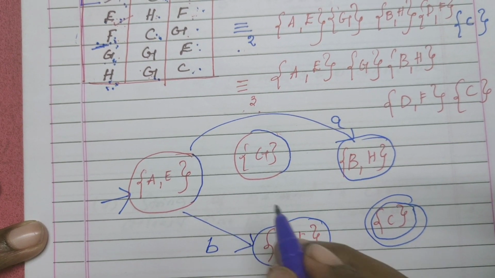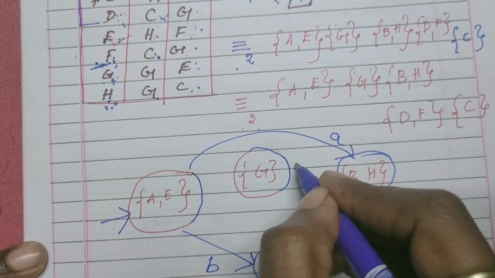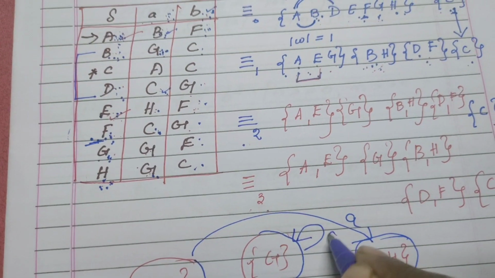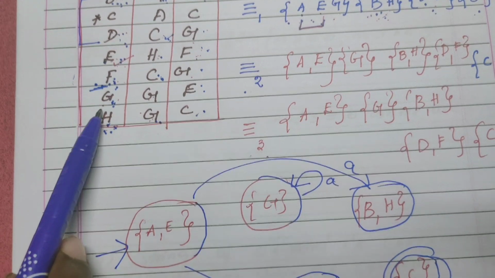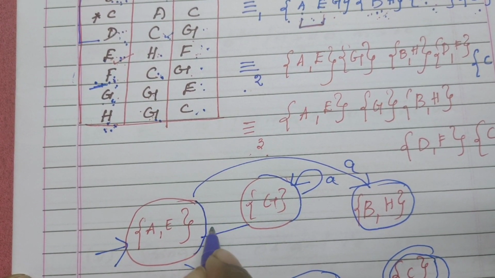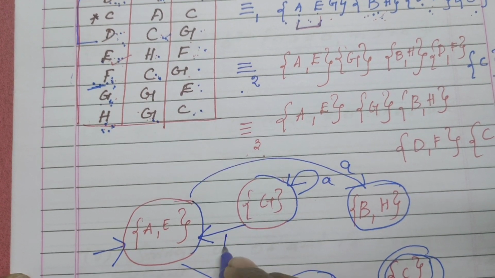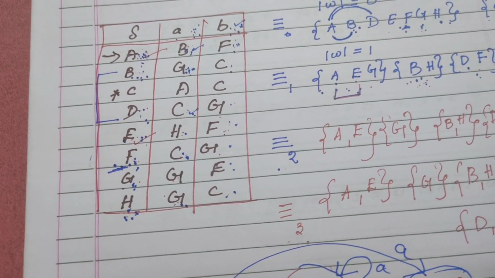Now we move on to the state G. From G on reading A, it's a self loop. As per this transition table, I have drawn a self loop here. From G on reading B, it goes to E. E means wherever E is present, there you have to connect. Now let us come to the state BH.